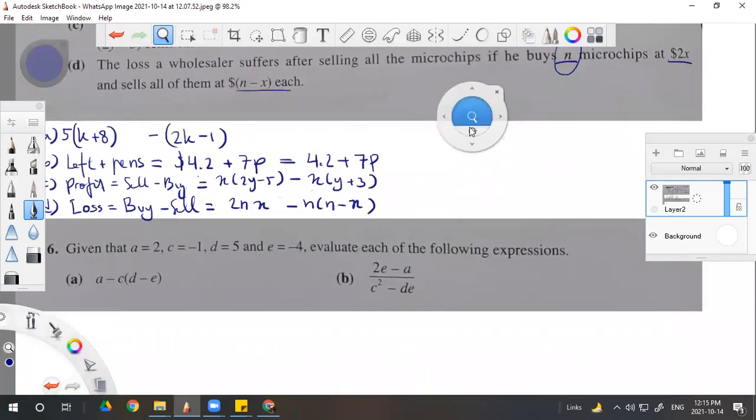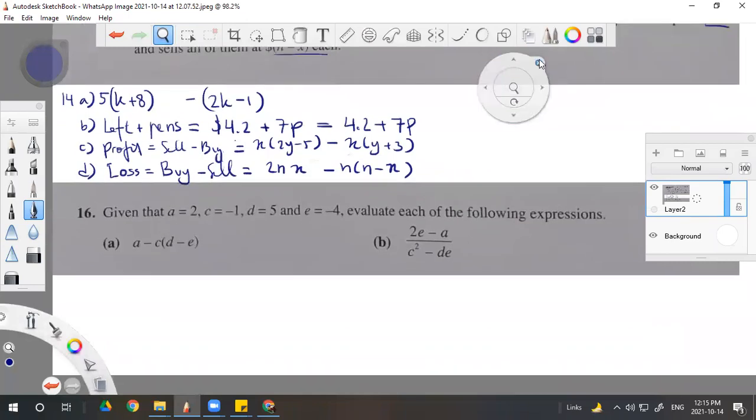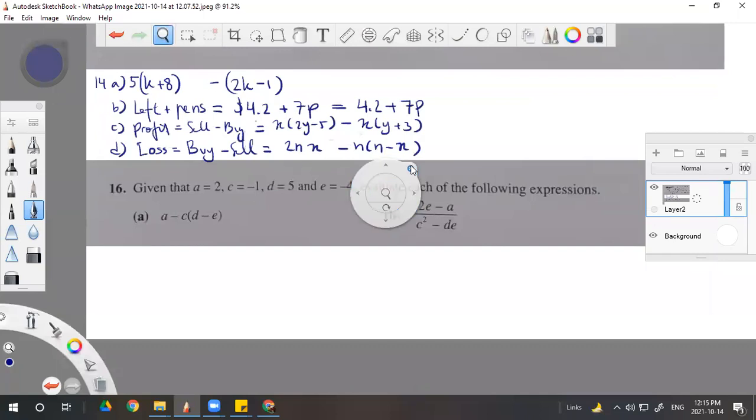Now, number 16. If you have any question, just ask me. Don't hesitate to ask. Given that a equals 2, c equals -1, d equals 5, e equals -4, how do you do this? Just change a equals 2, subtract c, -1, bracket d minus e, 5 minus -4.